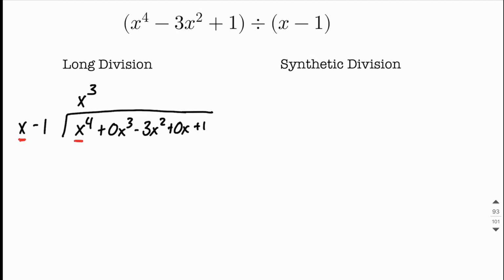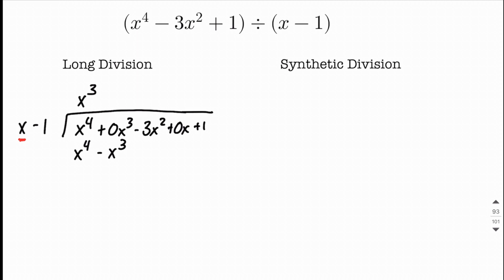Our next thing we're going to do is distribute that x cubed to each of these terms out in front. So first we have x cubed multiplied by x, which gives us that x to the fourth, just like we wanted. But then we also have to include x cubed multiplied by -1, which makes -1 x to the third power.